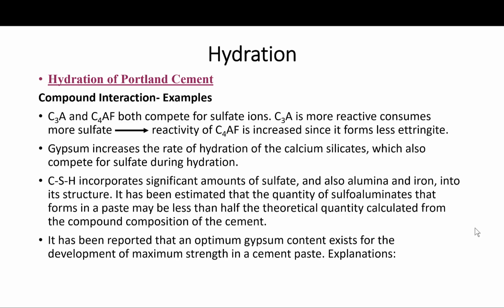So it has been estimated that the quantity of sulfoaluminates that forms in a paste may be less than half of the theoretical quantity calculated from the compound composition of the cement. This is because of the interaction of the compounds, as the example I just mentioned.